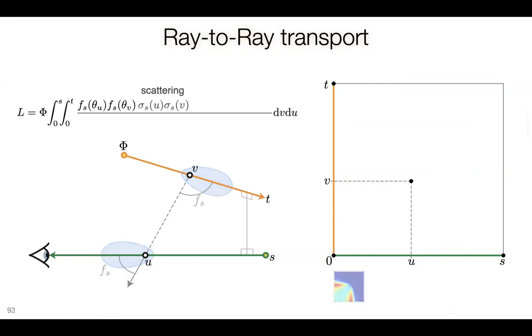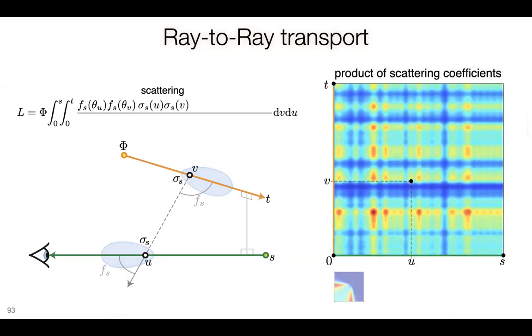Next, we care about the scattering happening at each point. So you have these scattering coefficients at each of the points u and v. Given that we assume a heterogeneous medium, this could look really complicated. This particular scattering coefficient product is generated by Perlin noise.